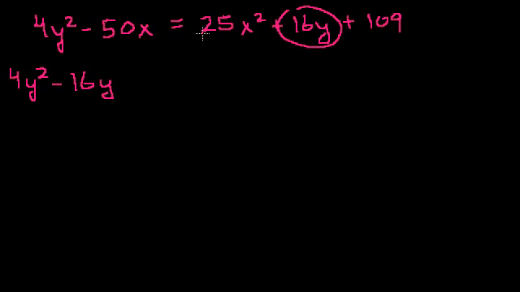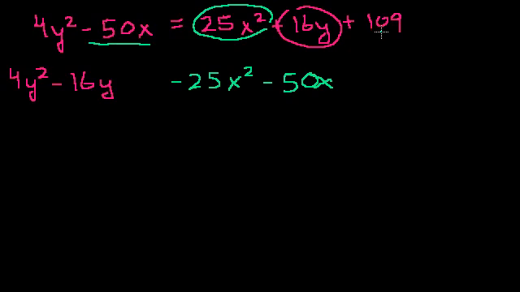Then I want to subtract the 25x squared from both sides, so I get minus 25x squared minus 50x. And I'll leave this 109 on the right-hand side, is equal to 109.